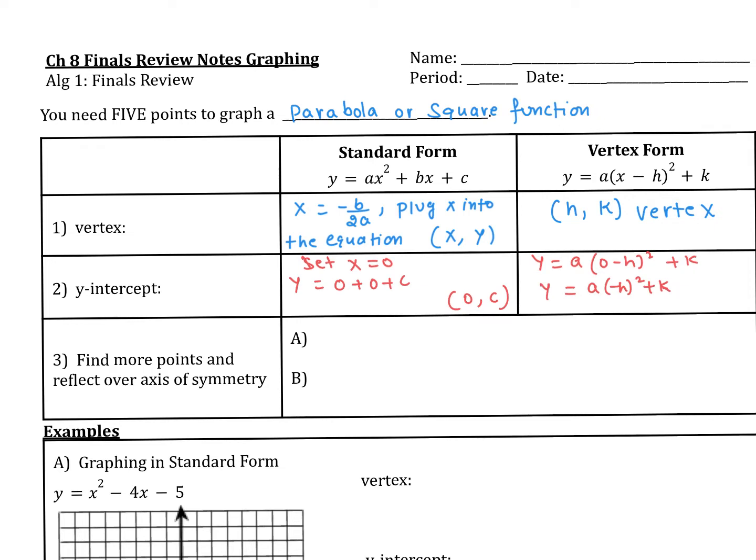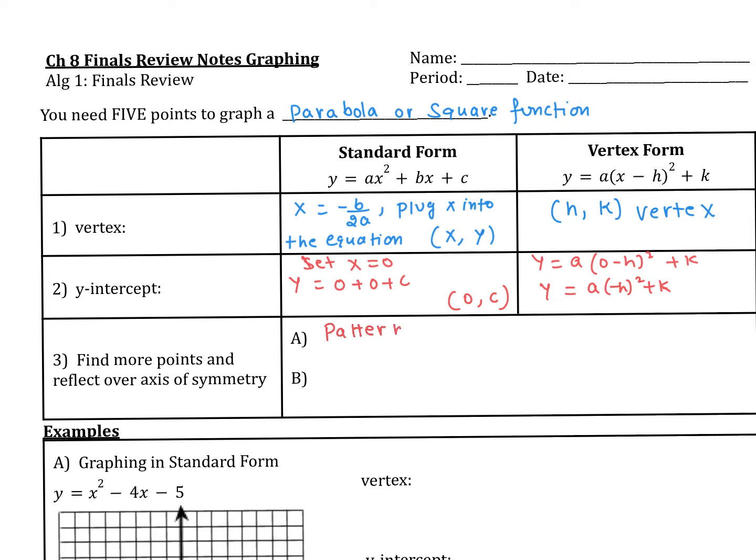Number 3 is to find more points. Once you find the vertex from either form, you can follow the pattern to find other points.